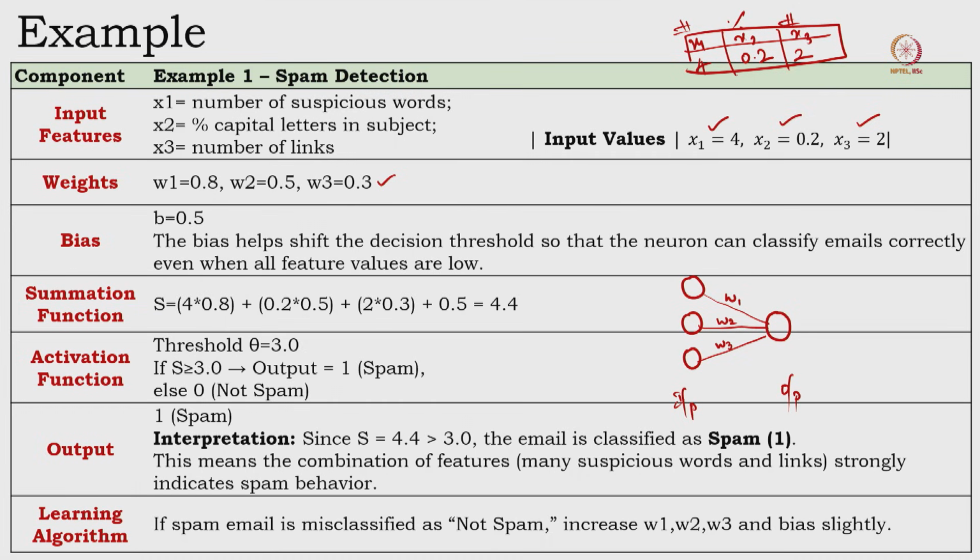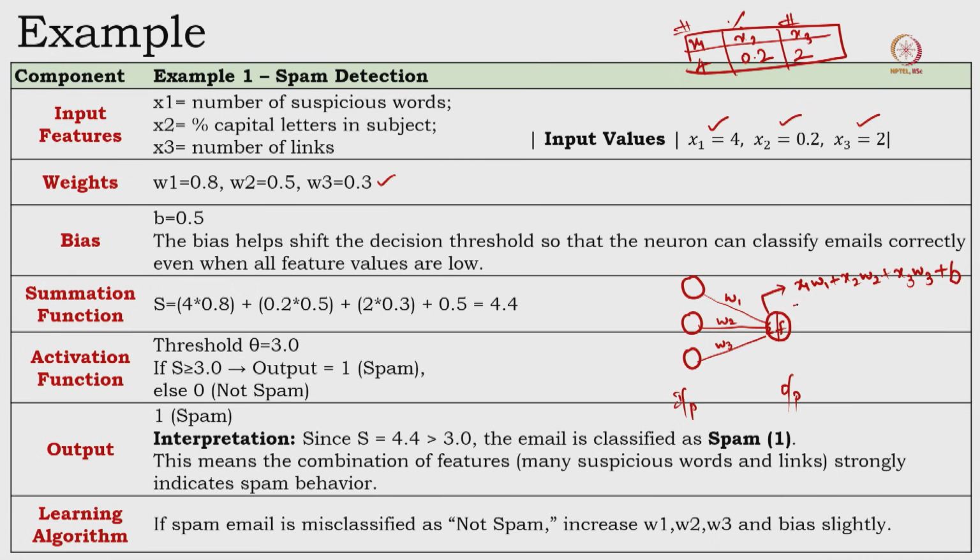And what exactly is the operation that takes place here? We have a summation and we will have an activation. The summation is x1 W1 plus x2 W2 plus x3 W3, and we know that there is a bias term that is added.